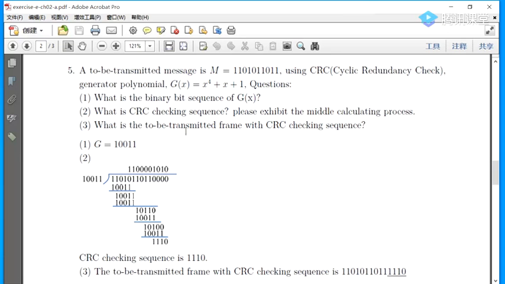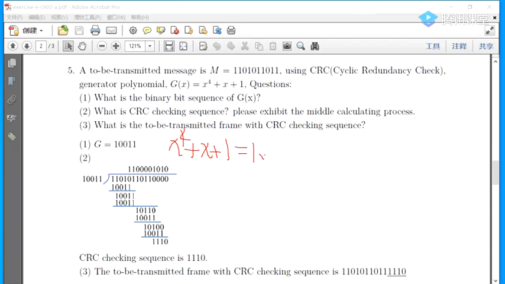Why? Because G(x) is x^4 plus x plus 1, right?